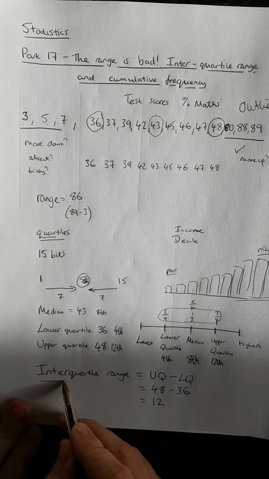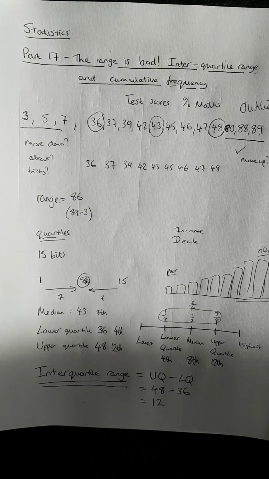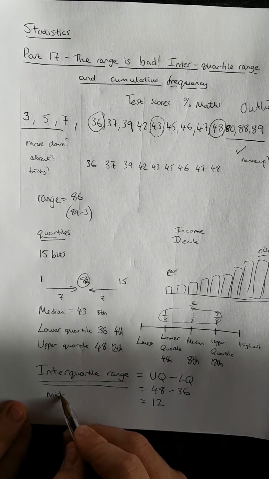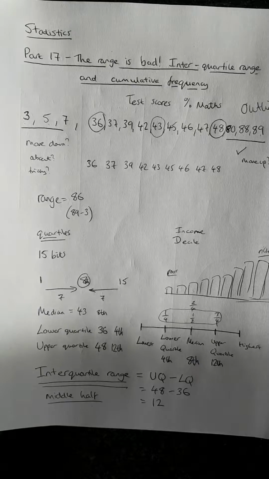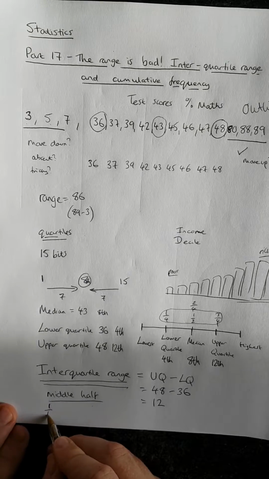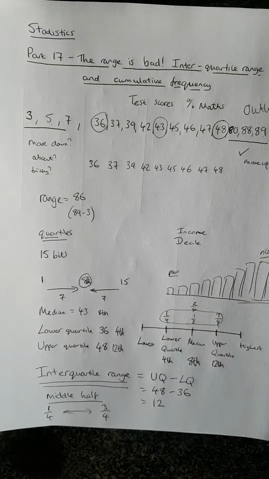So by finding the interquartile range, we can now look at describing the middle half of the data. And we do it from going a quarter of the way in up to 3/4 of the way in.